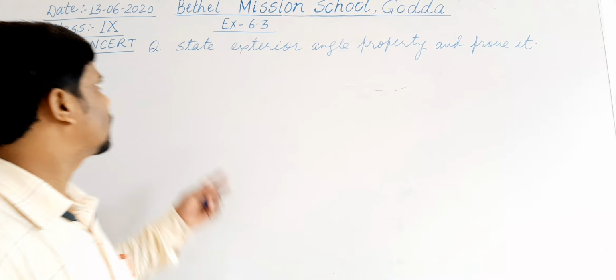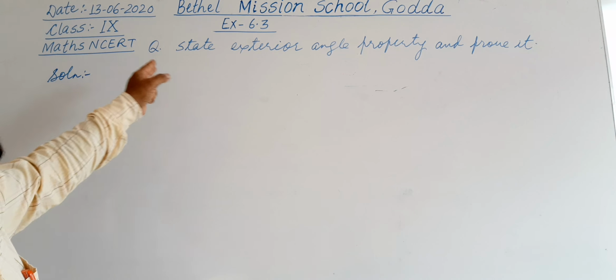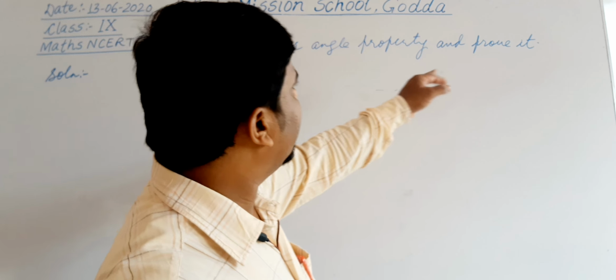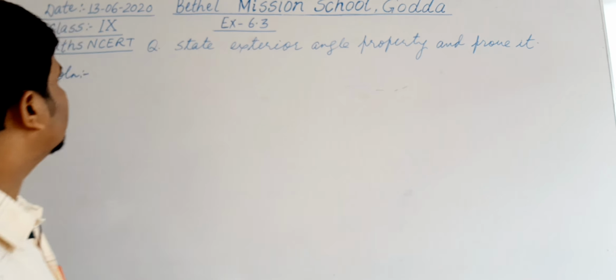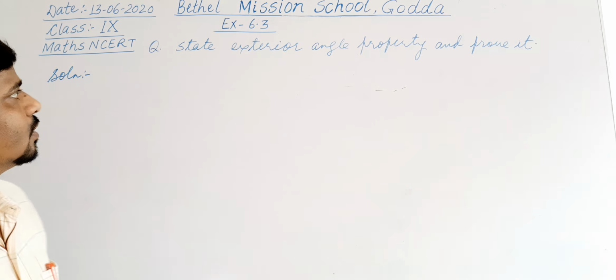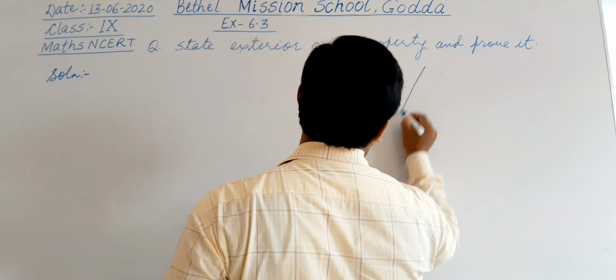Okay, see, another property is the exterior angle property. So it is asking us to state the exterior angle property and prove it. So what is the exterior angle property? First see the diagram.